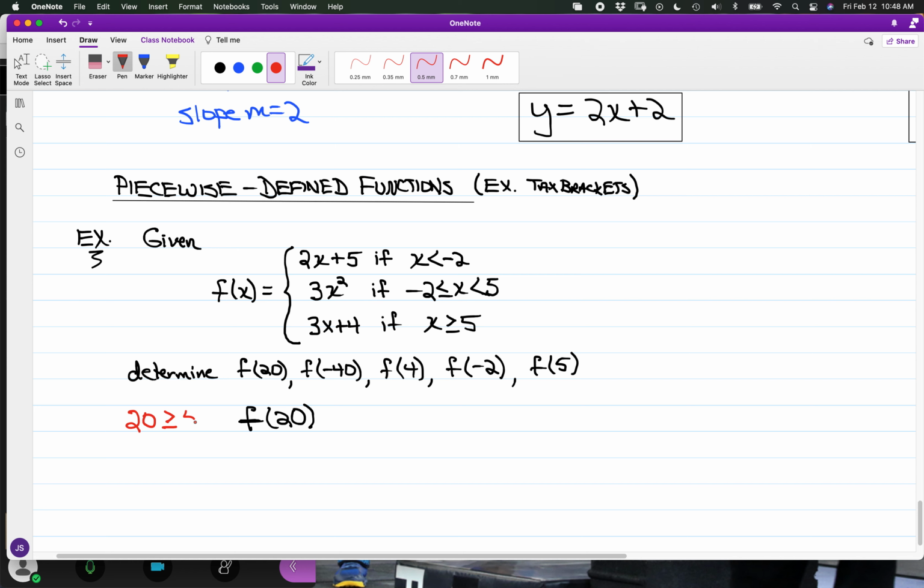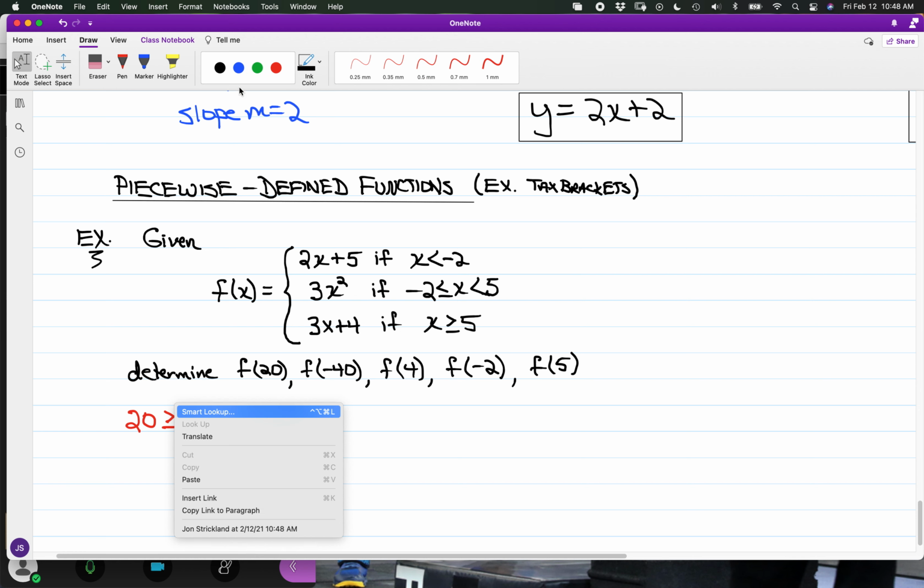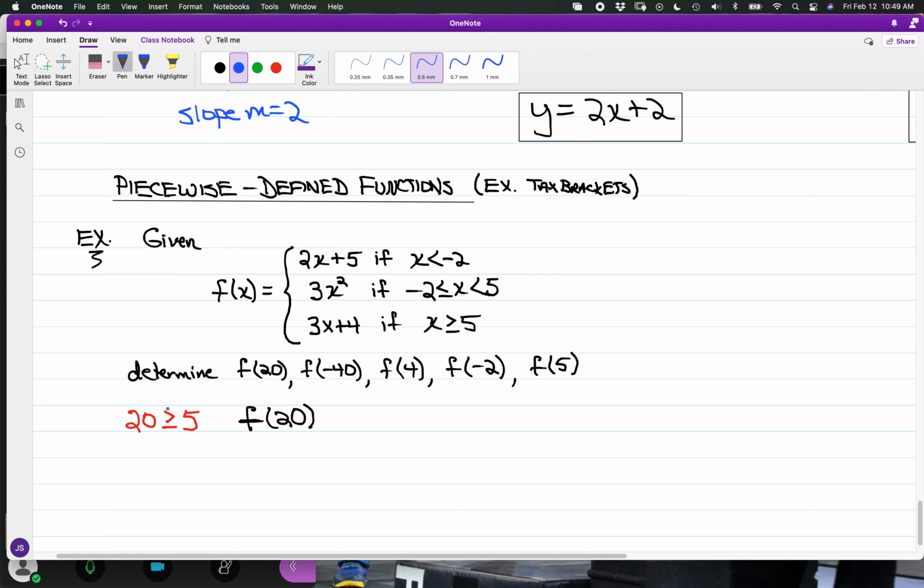So it is true that 20 is greater than or equal to 5, because we do have that 20 is greater than 5. So that part makes it true. And in terms of what to do with 20, for those values of x greater than or equal to 5, we're going to apply 3 times the input, followed by the addition of 4.